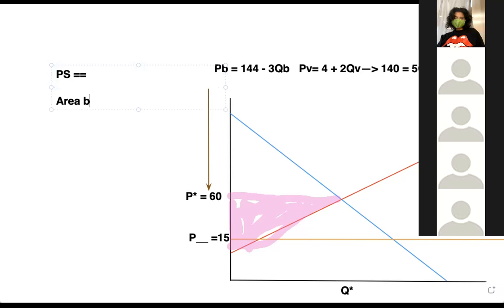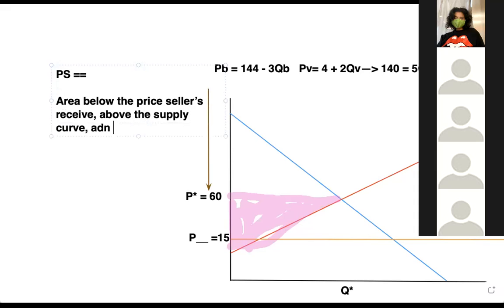It's the area below the price sellers receive, and then a little comma, above the supply curve and to the left of the quantity sold. So you understand what I'm saying, right?